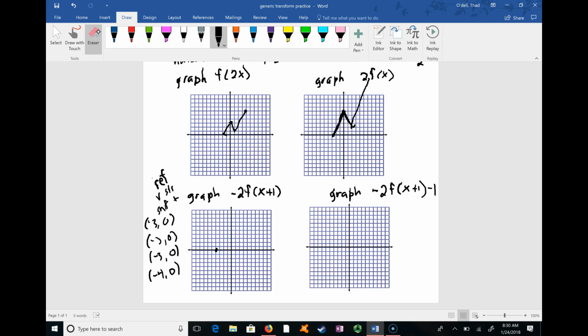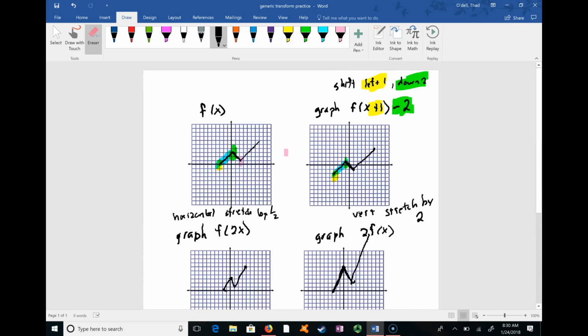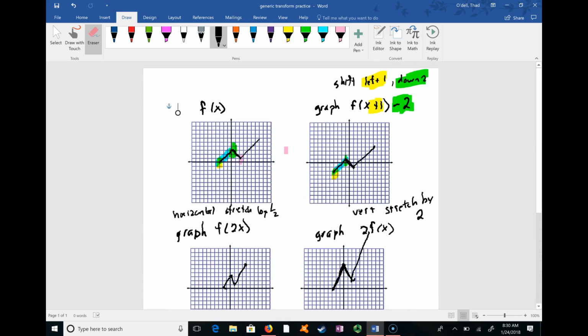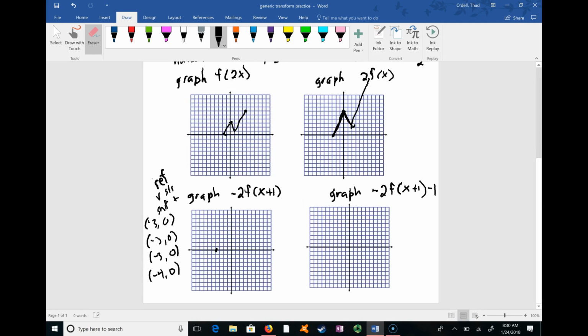So let's look at another point like 0, 3. X coordinate 0, Y coordinate 3. And we'll do the same thing. So if I apply the reflection across the x-axis, this becomes 0, negative 3. It just flips down, right?